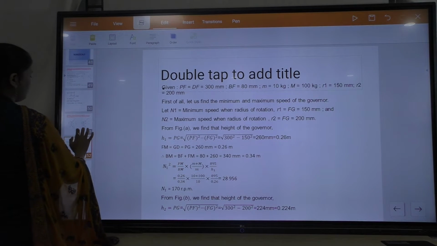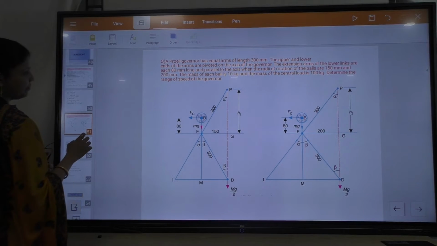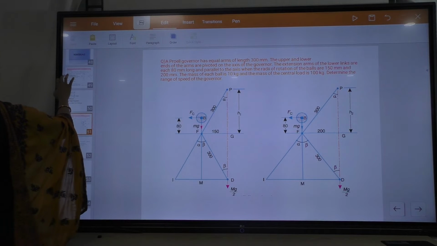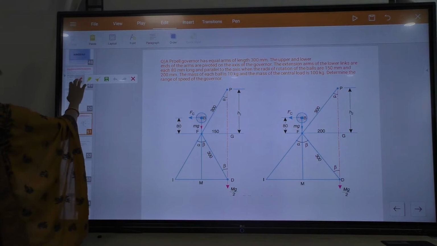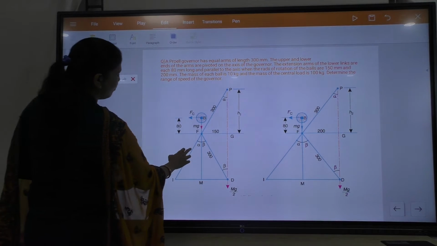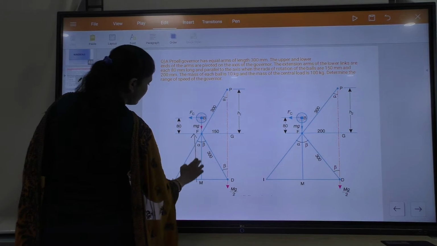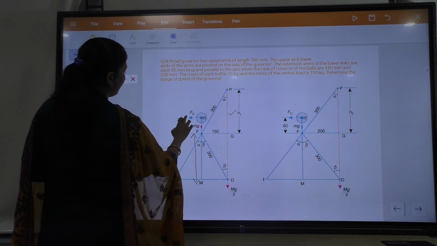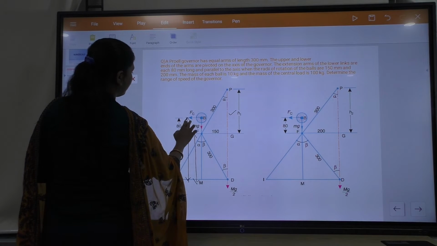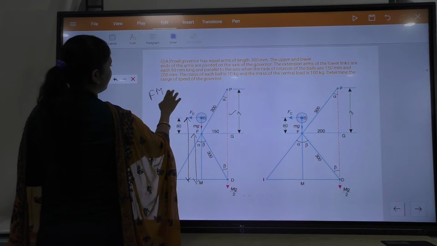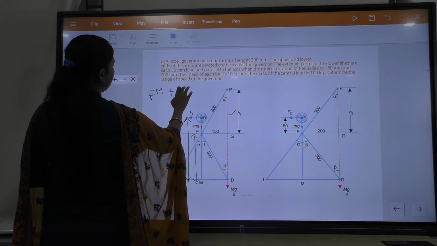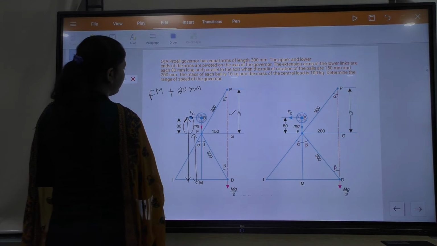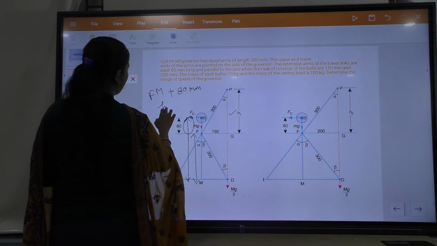So see the diagram. The value of Fm will be equal to this PG value or H1 value, and the value of Bm will be equal to Fm plus 80 mm, because the length of this extended arm is 80 mm. So we have already found out the value of H1.